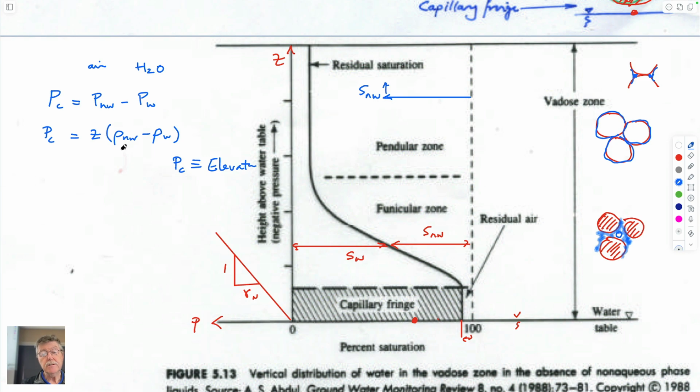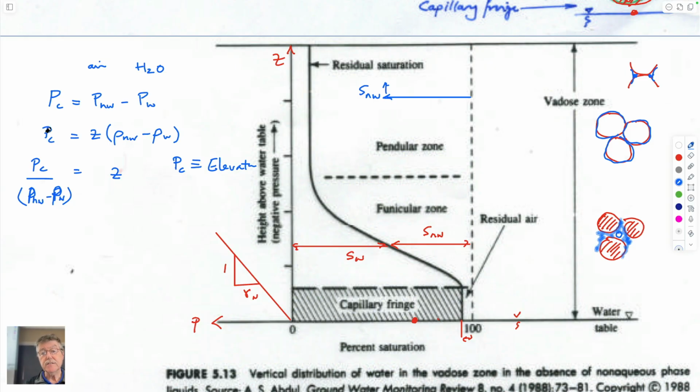So capillary pressure, I guess all I'm saying is you can scale the axis by writing the axis as being equal to PC over, these are densities, not pressures. Probably can't tell the difference, right?